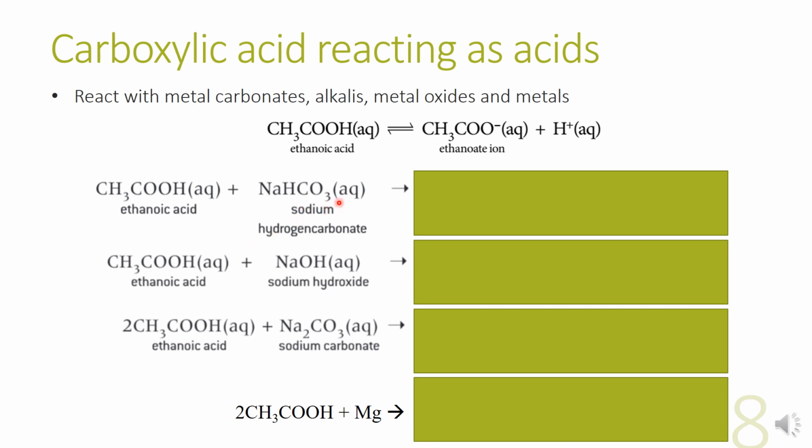First, it reacts with sodium hydrogen carbonate, then the second one with sodium hydroxide, then sodium carbonate, and with magnesium metal. So again, pause the video and try to do it first by yourself. What will be the product obtained when you combine these two starting materials?